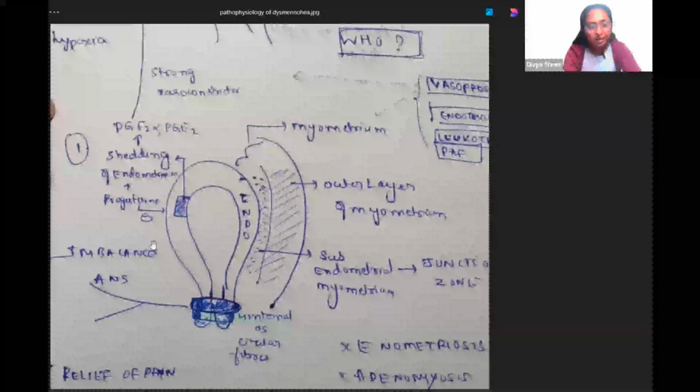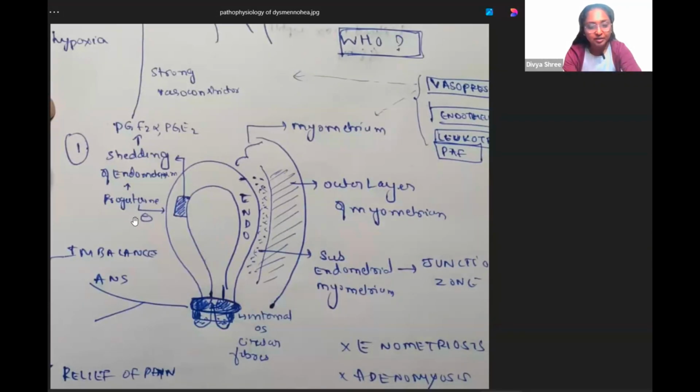The third and very important cause is progesterone withdrawal. In ovulatory cycles, ovulation occurs at the 14th day of the menstrual cycle and there is release of progesterone after that. This progesterone peaks and at one point the withdrawal occurs, and thus there is shedding of the endometrium.